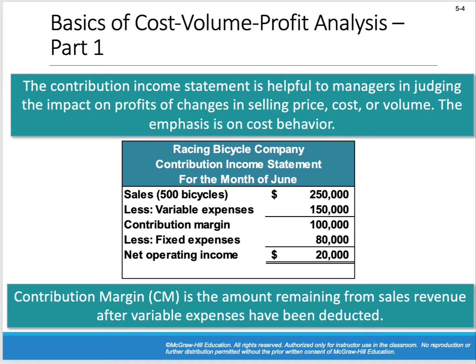So let's look at this example that we have here. It's a hypothetical contribution formatted income statement for a company that makes bicycles. They're called Racing Bicycle Company. And notice what we have here. In this contribution formatted income statement, the emphasis is always on cost behavior.